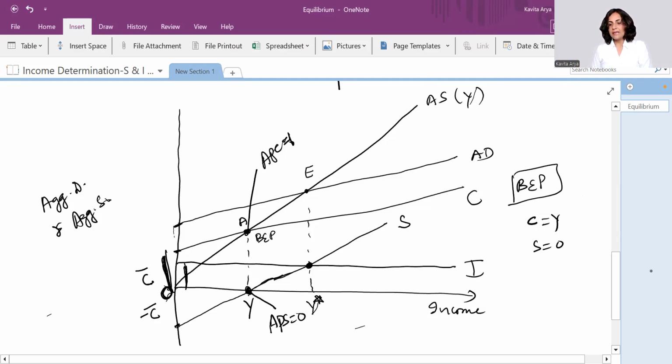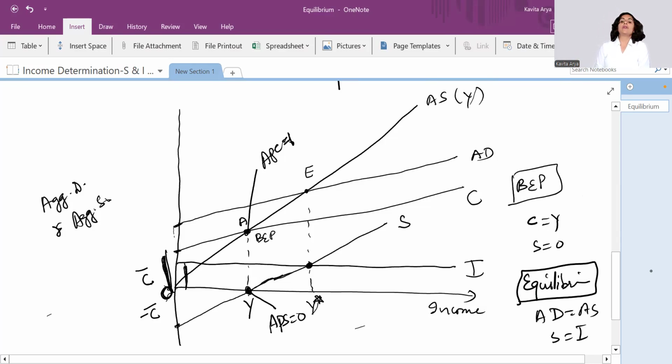Next point is, the next chapter talks about the equilibrium. And what are the 2 approaches of equilibrium? The approaches are, we should have AD equal to AS and S is equal to I at the same time. So where is AD and AS? AD and AS are equal here. See, this is the point E. And at this very drop down, we have eventually a point where S is equal to I also.